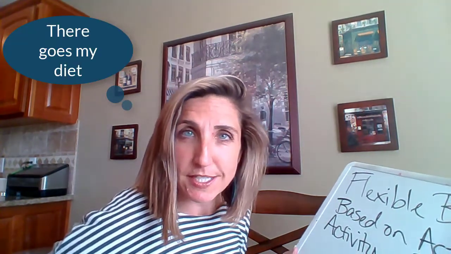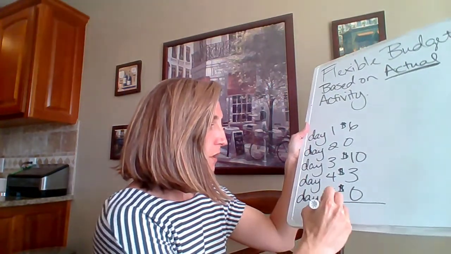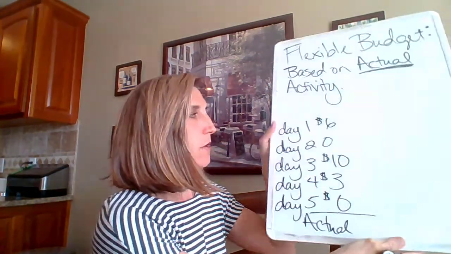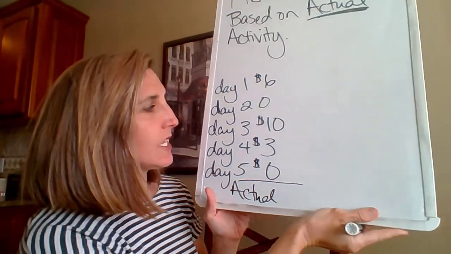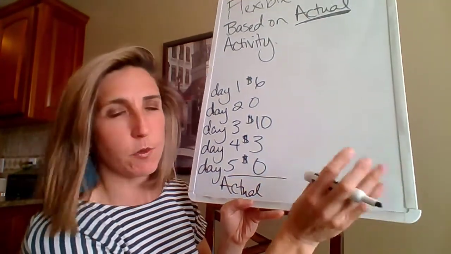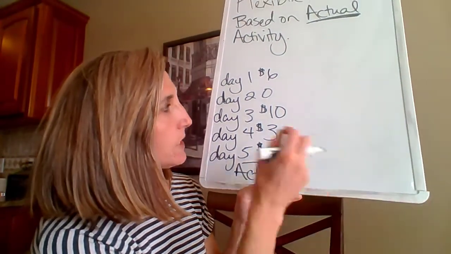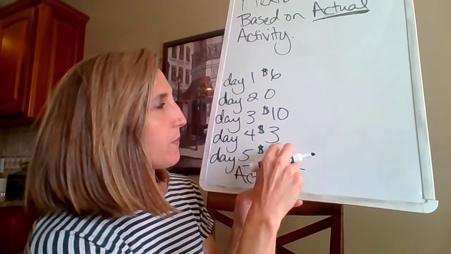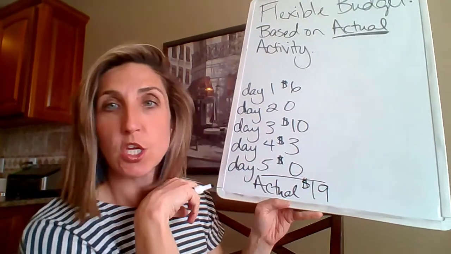But then I come home and I'm super hungry and I overeat. So that wasn't a good decision. So what I actually spent, my actual total spent, remember, was $6 on the first day, 0 on the second day, $10 on the third day, $3 on the fourth day, and 0 on the last day. And so I have spent $19 total.